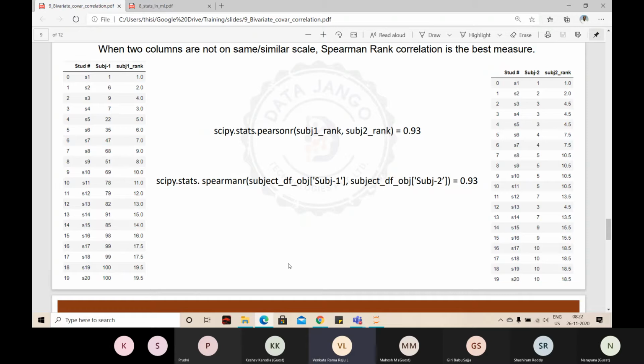When you try to calculate the correlation coefficient using the values, it may not come out exact, because you are taking x minus x bar and y minus y bar. In one subject, the person would have got 99 marks. In another subject, he would have got 2 marks only.